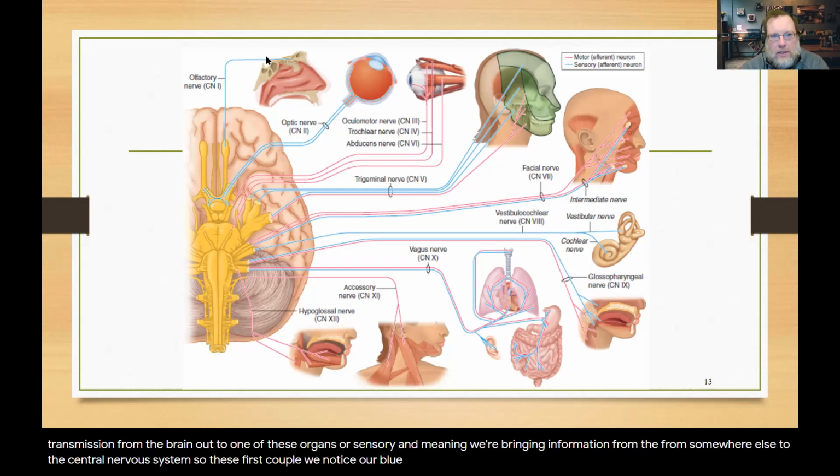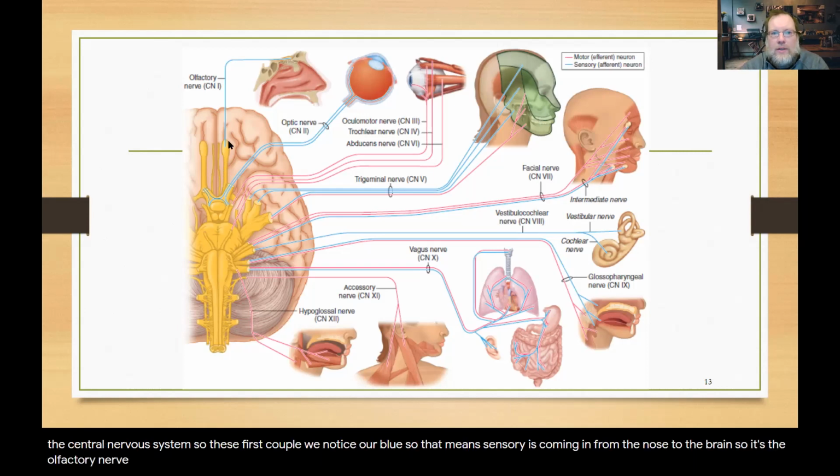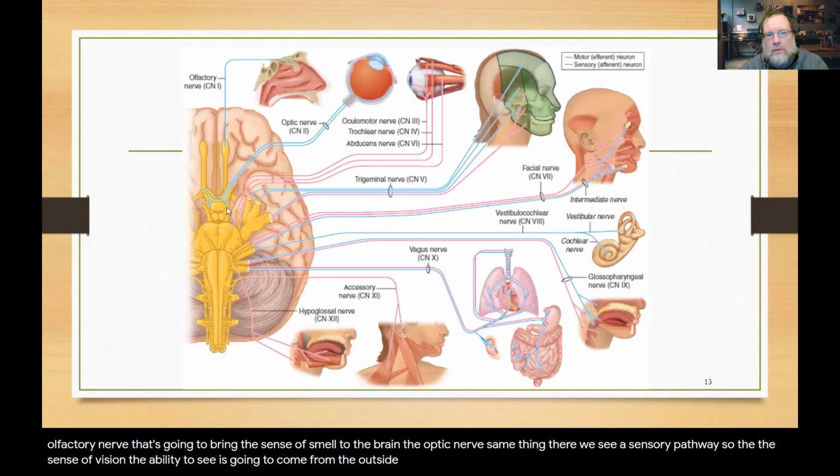That means sensory is coming in from the nose to the brain. So it's the olfactory nerve that's going to bring the sense of smell to the brain. The optic nerve, same thing there. We see a sensory pathway. The sense of vision, the ability to see, is going to come from the outside and travel via that optic nerve en route to the brain.